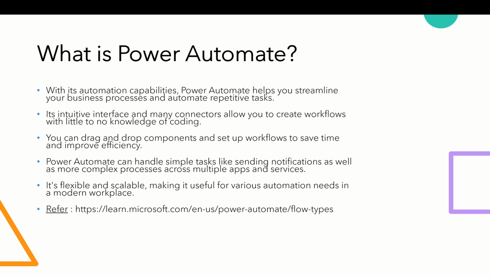Microsoft is calling this the Power Platform. The Power Platform has different products like Power Apps or Copilot. There are six or seven different products which combine to create the Power Platform, and Power Automate is one of them.